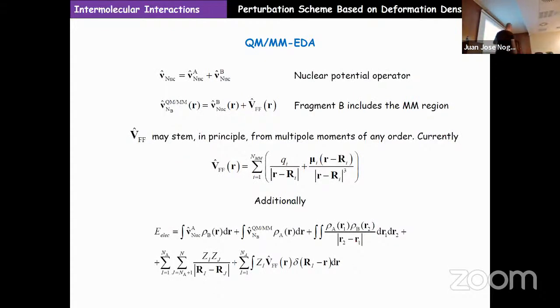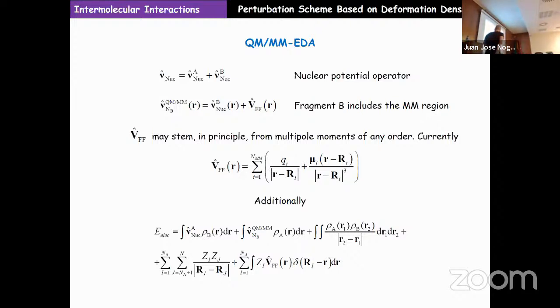So how we include this potential in our scheme is the potential of the atoms of the MM region. We do it in a simple way. We include it in the nuclear potential operator. Remember the nuclear potential operator? The fragment that has the MM region, because in the previous example I have one fragment that is the ammonium cation, and the other fragment is the water molecules in the QM region and the water molecules in the MM region, which are, I don't remember how many, more than 1,000 molecules in the MM region.